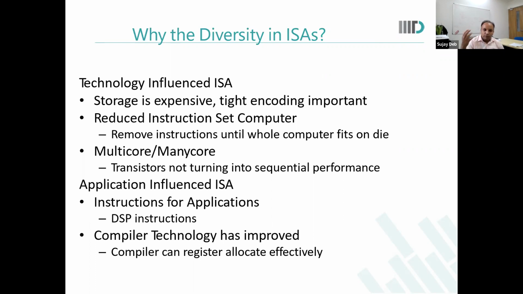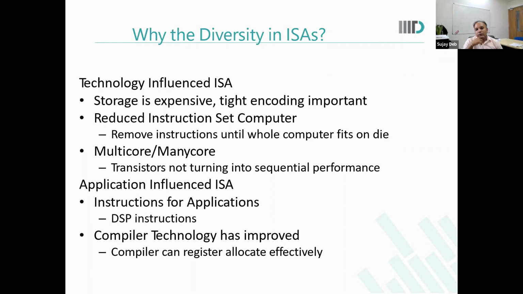Then the introduction of multi-core and many-core made it very clear that we have to focus on multi-threading, etc. You have to highlight those capabilities, and because of that, you can think of newer ISAs which will be exploiting the different threads much more efficiently.